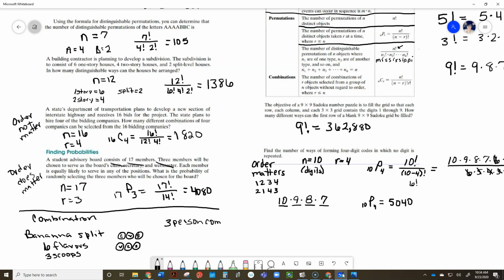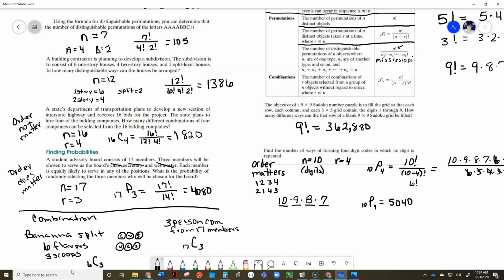A 3-person committee from 17 members. That's a combination problem. That's a 17 choose 3 for a combination. This would be 6 choose 3. This would be 17 choose 3.